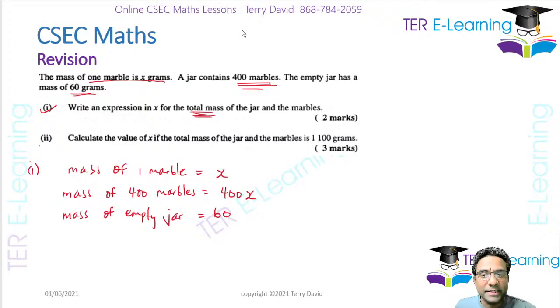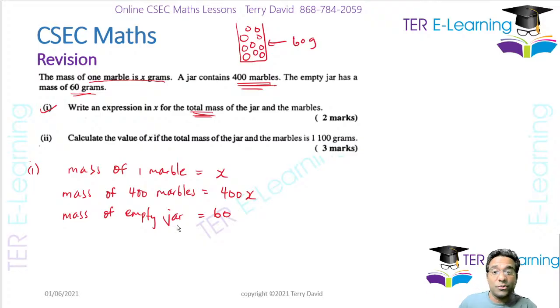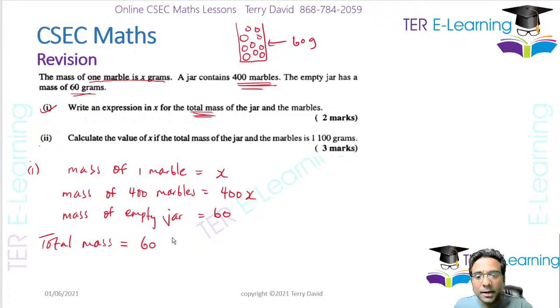So think of it like this. You have a jar with a mass of 60 grams, and then you have 400 marbles inside of it. Visualize what's going on. My total mass is going to be the mass of the empty jar, which is 60 grams, plus the mass of all the marbles, which is 400x.